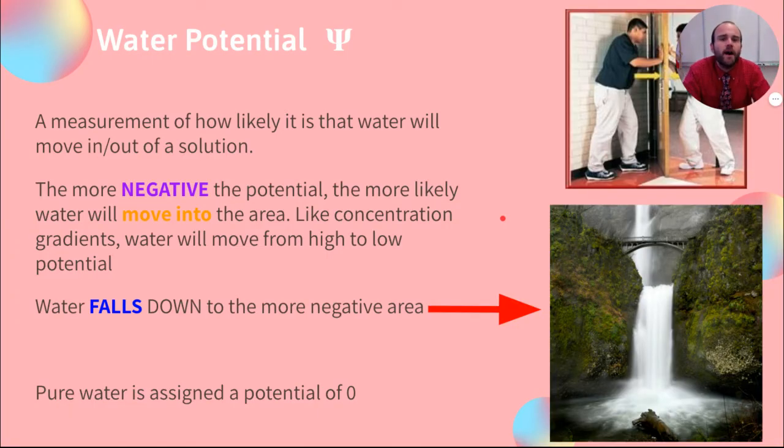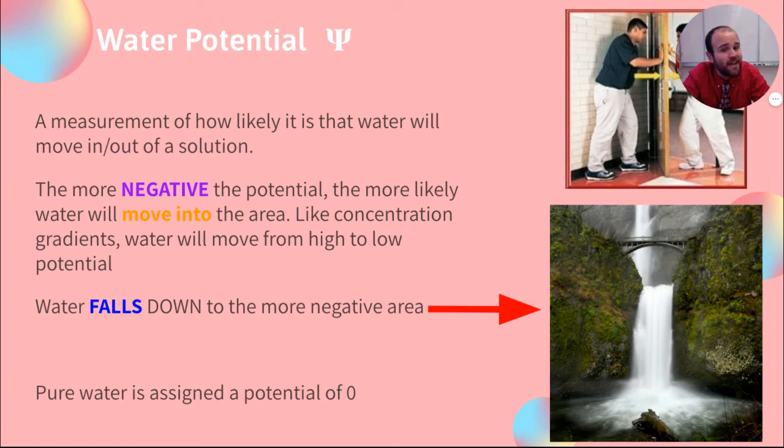So if we're talking about the movement of water and which way water is going to move, we're going to be talking about water potential. So water potential is a measurement of how likely it is water will move either into or out of a solution. So I'd like you to think about 2 people pushing on a door. 2 people are pushing on either side of a door. Which way is that door going to move?